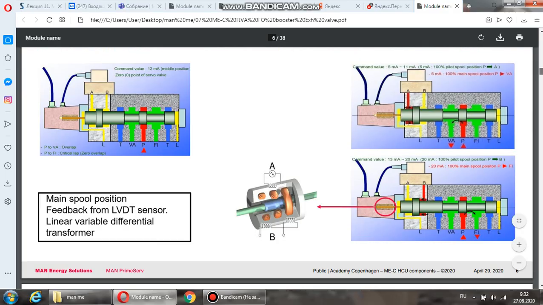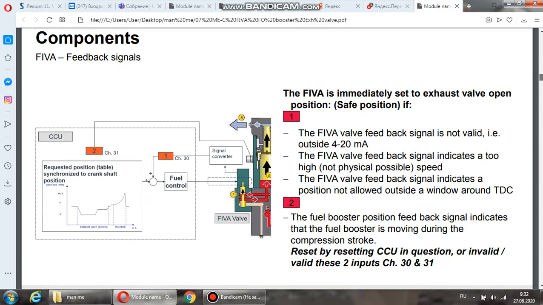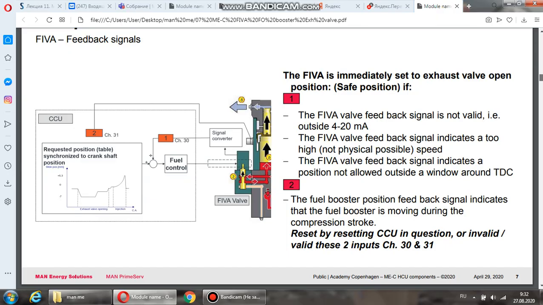You can zero calibrate it on board, but we cannot pressure test it on board because the hydraulic power supply systems in service cannot maintain a specific pressure for a specific amount of time. We need to check the movement and the set positions of the main spool inside, and we need to have the pressure stable for a certain amount of time to confirm this. We cannot do it on board, that's why.